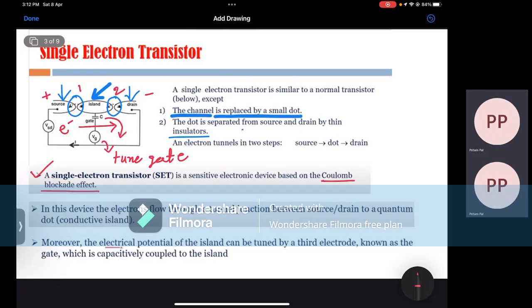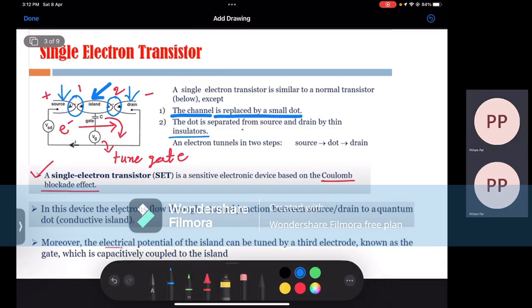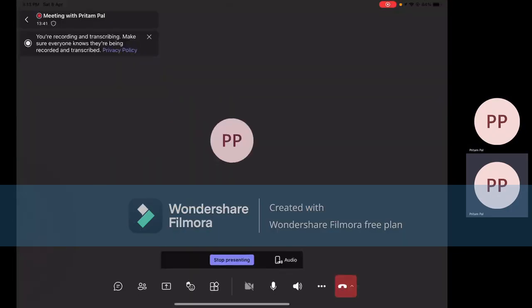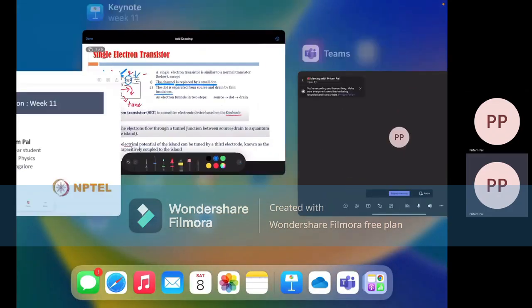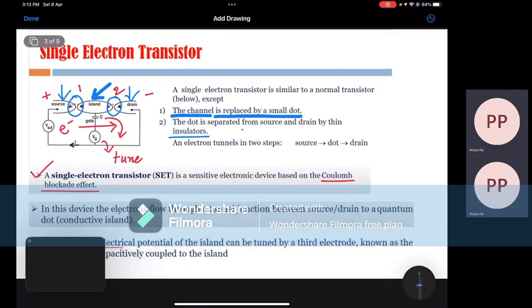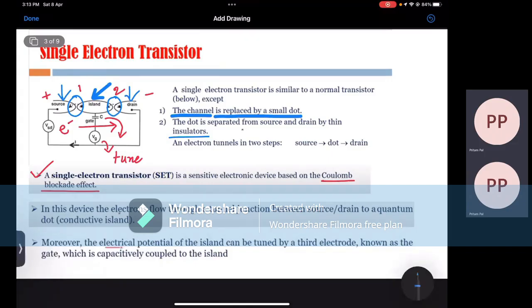This is called the third electrode, and it tunes the potential barrier.